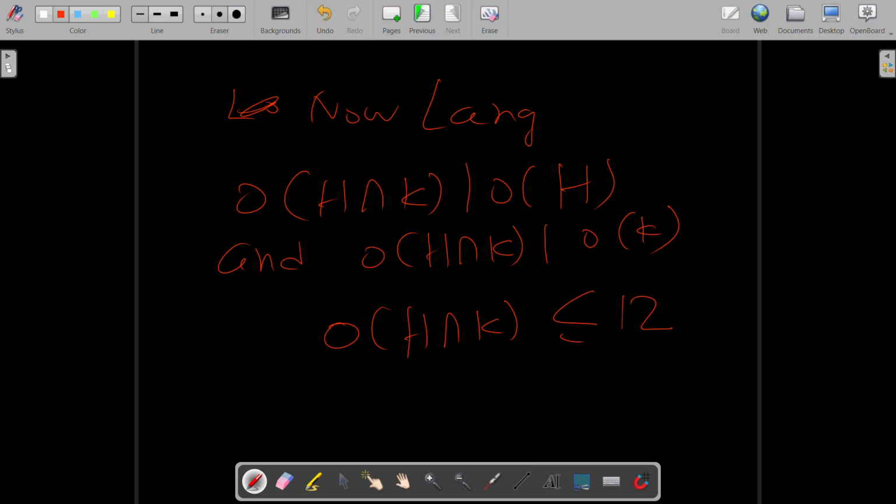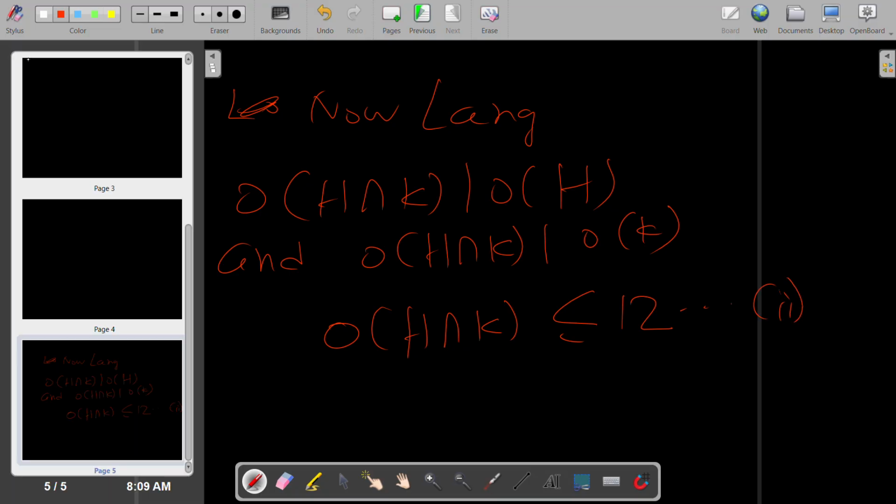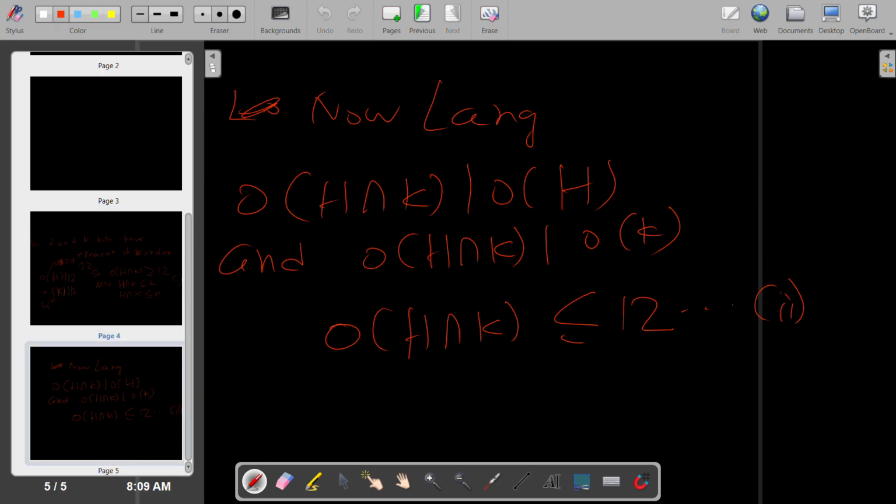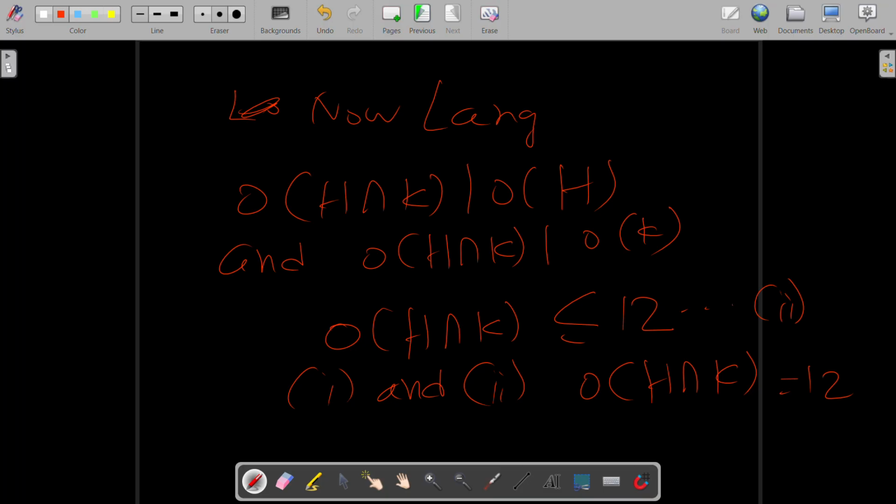If this is equation 2 and this is equation 1, from equations 1 and 2 we can say the order of H intersection K is 12, and this is the required answer. So option D, 12, is the required answer.